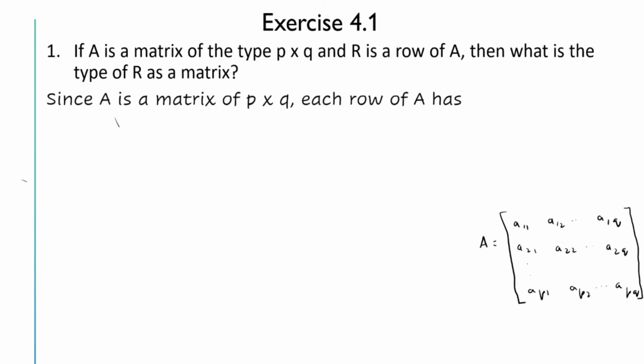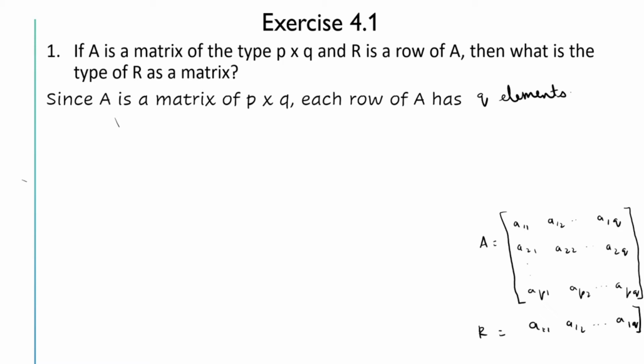So since A is a matrix of P by Q, each row of A has got how many elements? 1, 2, 3 up to Q elements. So each row of A has got Q elements. So they have given R is a row of A. Now we have to write what is the type of R as a matrix. So if R is a row of A, it means R will be equal to A11, A12 up to A1Q.